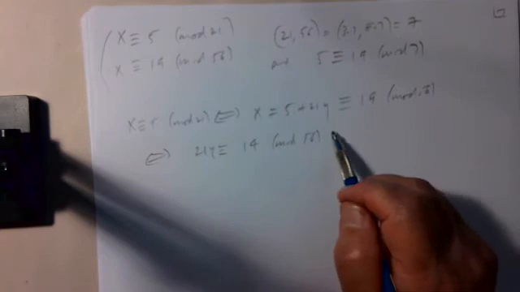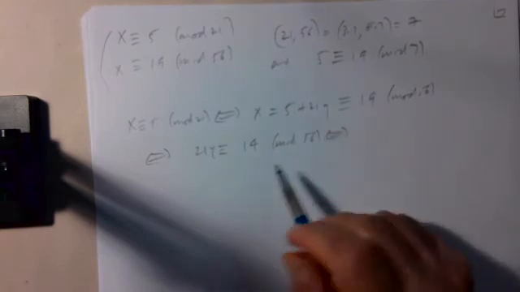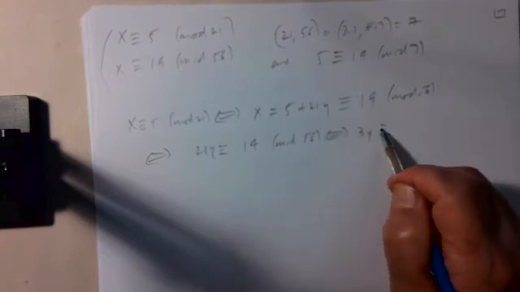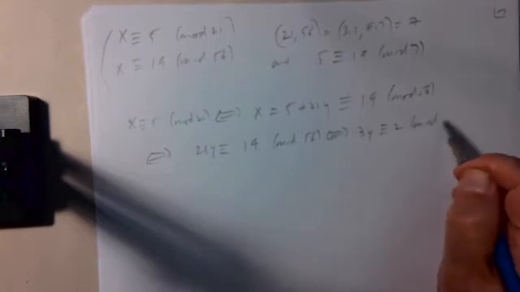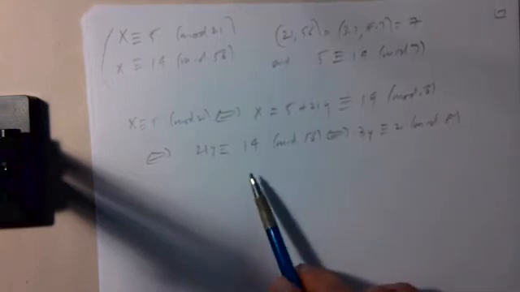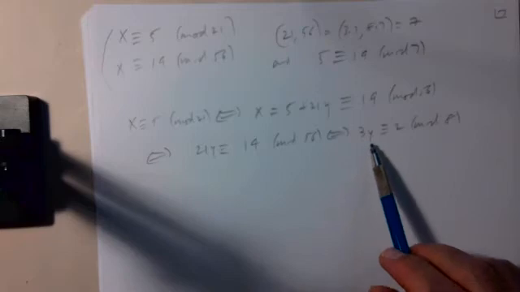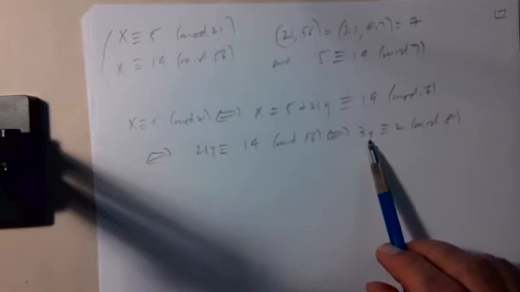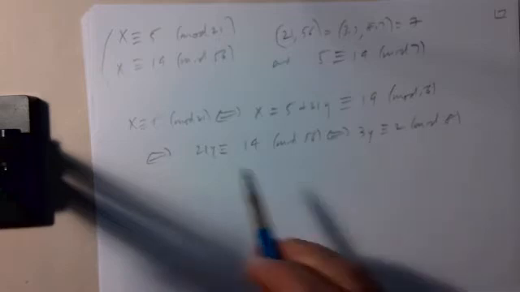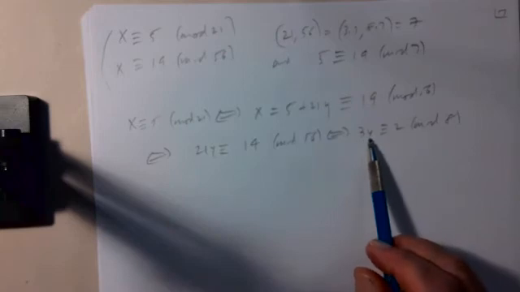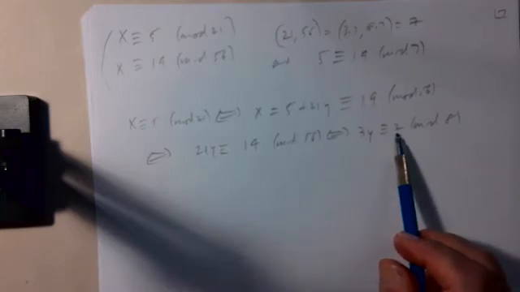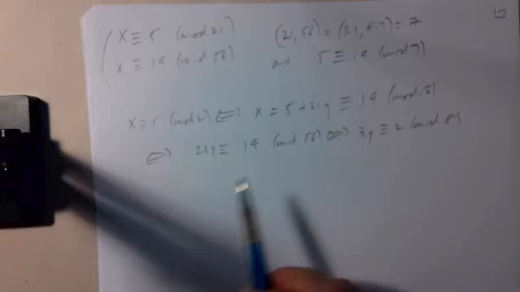Everything here is divisible by 7. This is the same as dividing by 7: 3y congruent to 2 mod 8. What's the solution of this congruence? I think y equals 6 is the solution, because 3 times 6 is 18, minus 2 is 16, is 8 times 2.